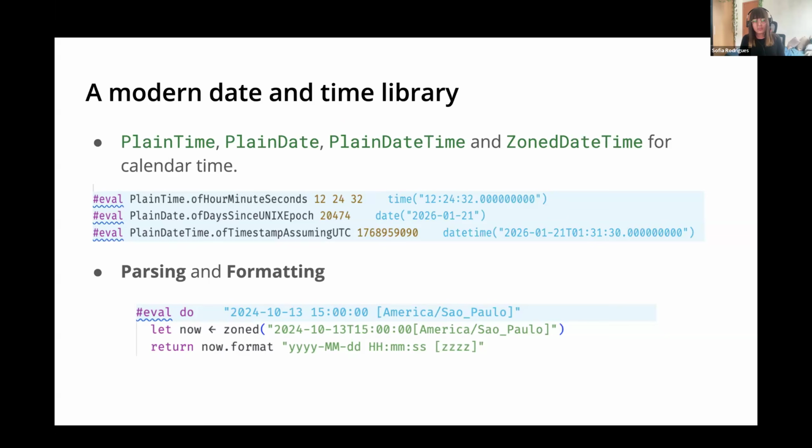Then we can format this using the format in the last line. We have a lot of formats already in the library. You don't need to write a lot of these formats yourself, but you can if you want. In the blue line, we can see the result of this formatting.